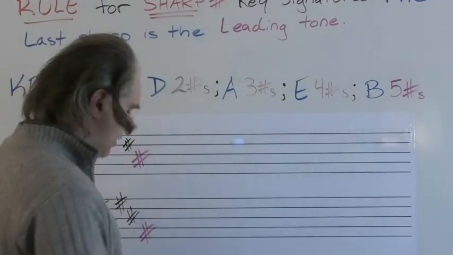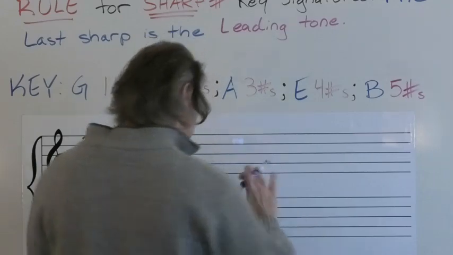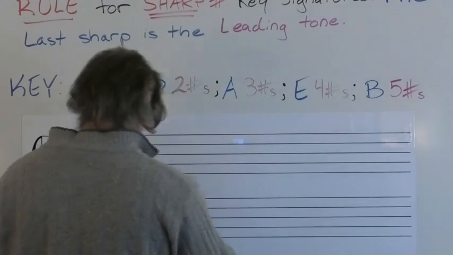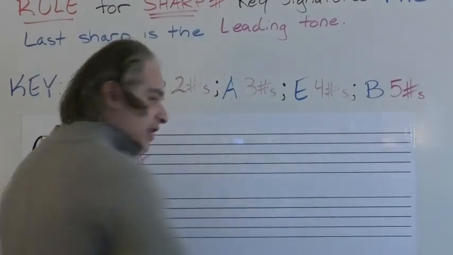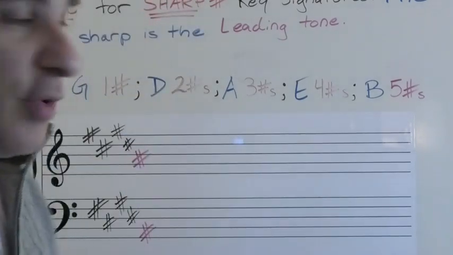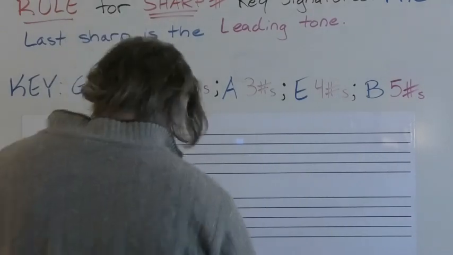What key is 0 sharps? C. Let's say I'm going to change keys. If I want to change keys from B to C, that'd be pretty bold, but it happens.